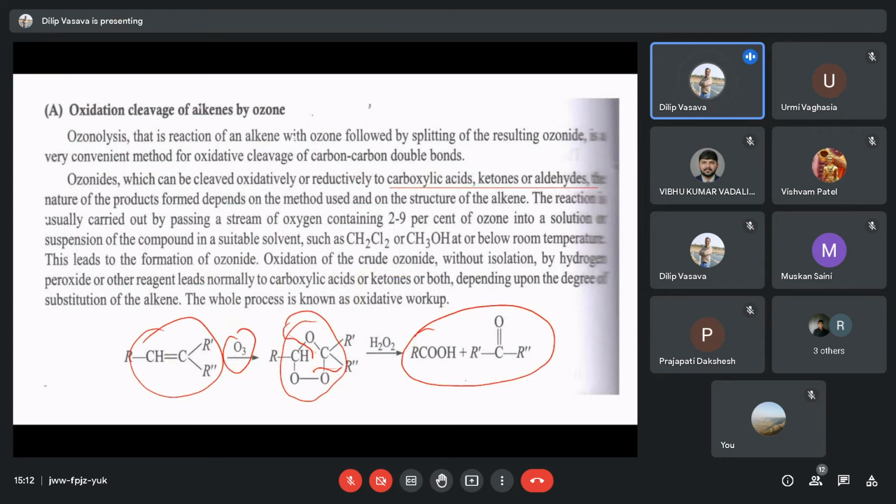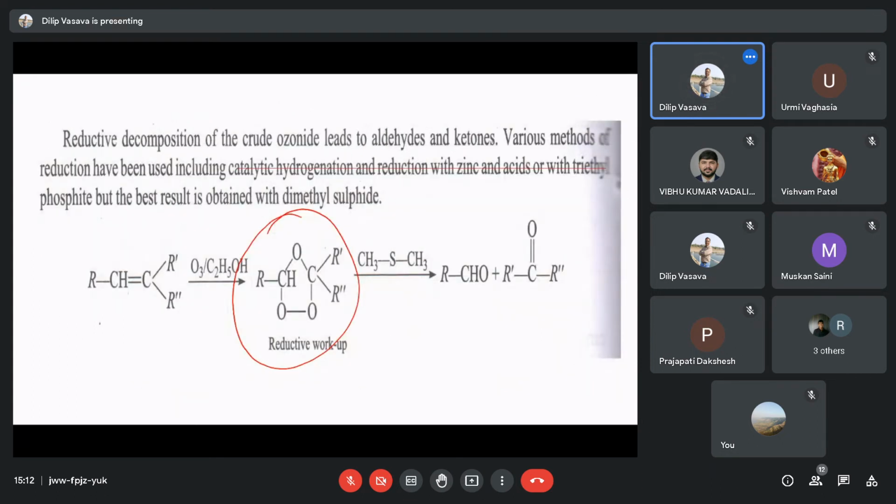Now here, in presence of dimethyl sulfide, it gives the aldehyde and ketone. So instead of the acid, it gives the aldehyde. That is why it is known as controlled oxidation.